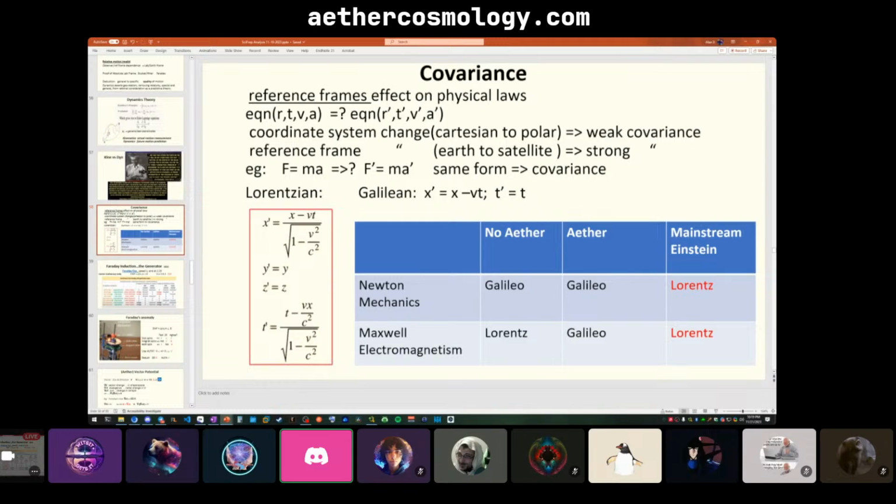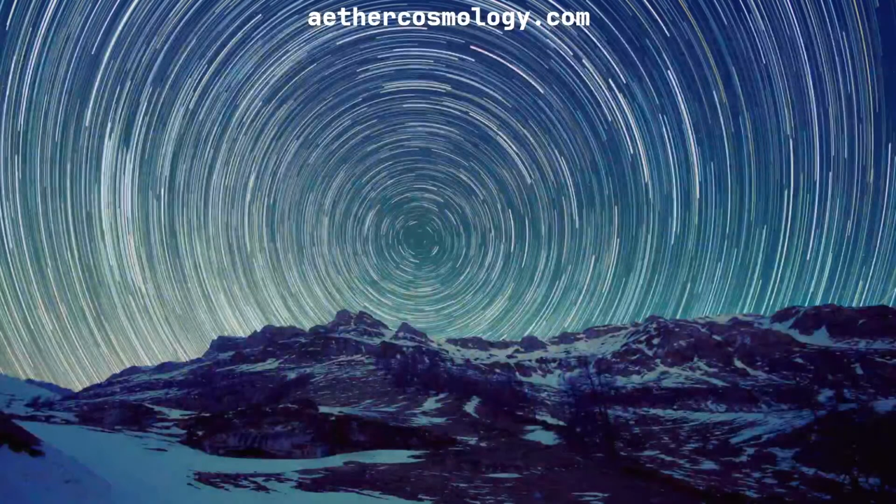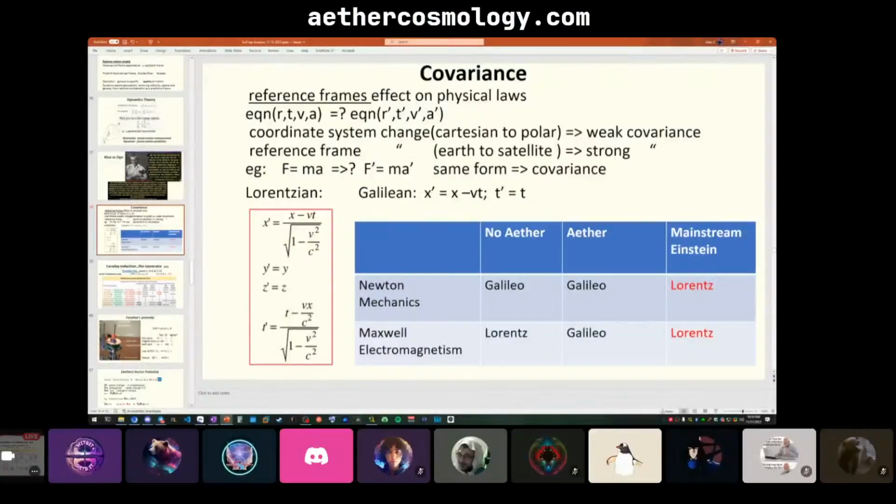If you're anywhere else in any other frame of reference, they don't. So that's the surprise. Based on their math reasoning, they would say, yeah, everything's the same. 2 + 2 = 4 everywhere. And that's true for math, but not for physics. That's what we find if we obey what the experiments tell us.